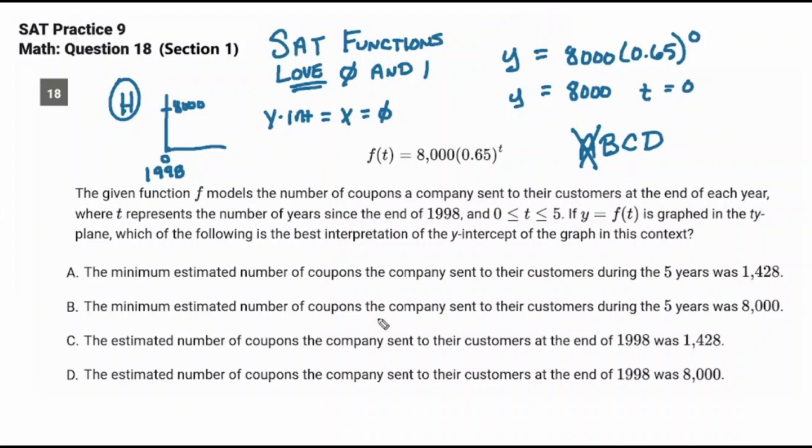I suppose it's possible. It's not likely. C, the estimated number of coupons the company sent to their customers at the end of 1998 was 1,428. No, man, it's 8,000, so C's gone. D, the estimated number of coupons the company sent to their customers at the end of 1998 was 8,000. Hey, that's exactly what we found, so D is the answer.